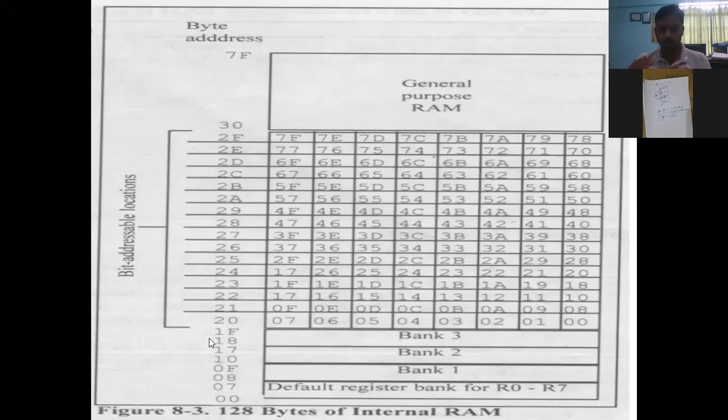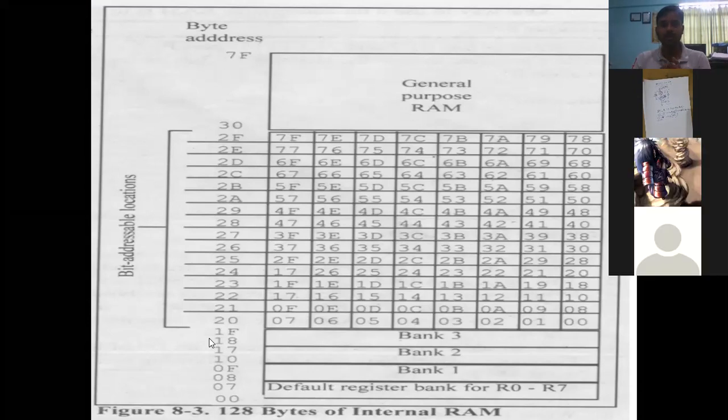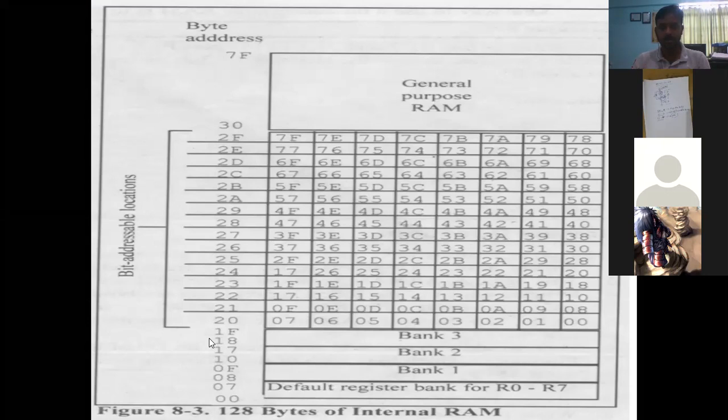From 20 to 2F is the bit-addressable area, and 30 to 7F is the general purpose scratch pad area. So general purpose RAM is another very important thing in your 8051 microcontroller.